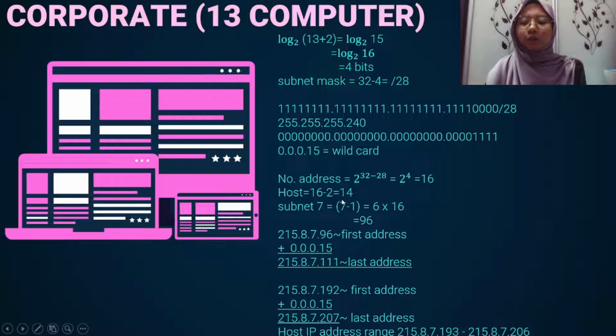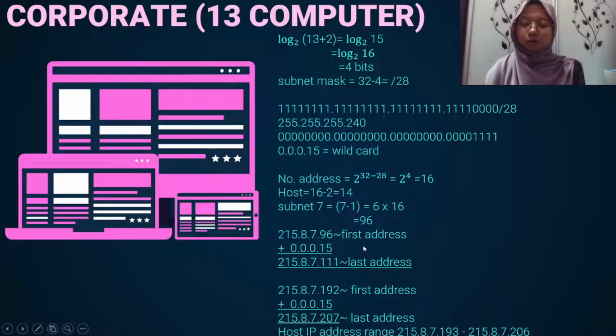To find the subnet value, we must minus 1. So 7 minus 1 equals 6, multiplied by 16, which is the number of addresses, and then we get 96.